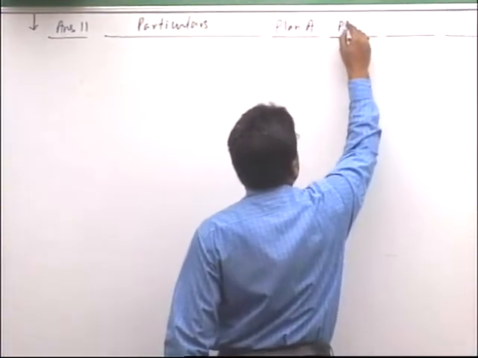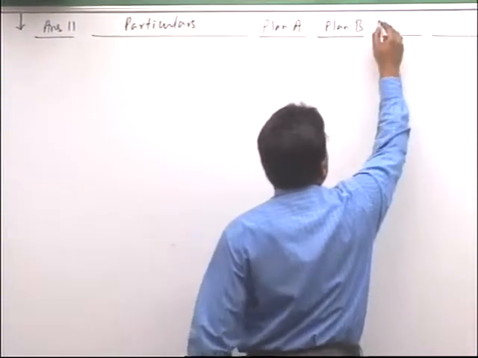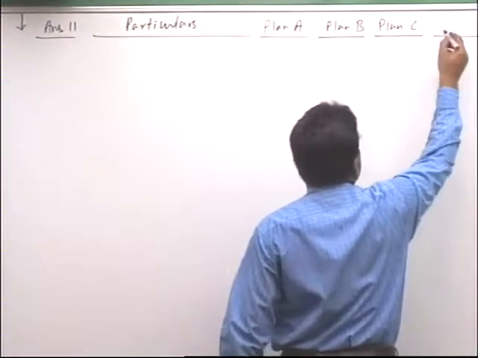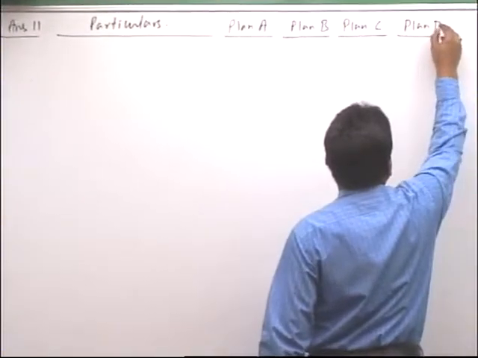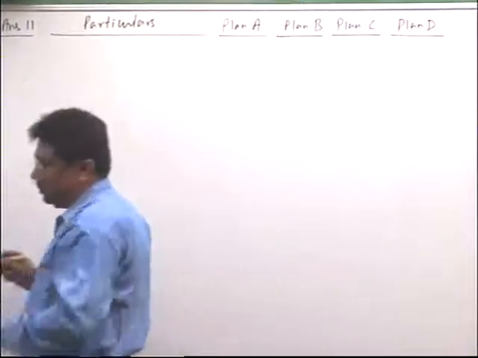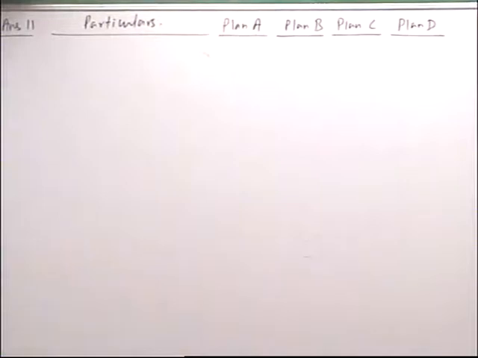Plan A, Plan B, Plan C and Plan D. Please make 5 columns: particulars, Plan A, Plan B, Plan C and Plan D.